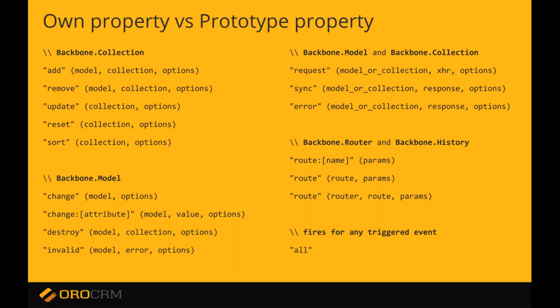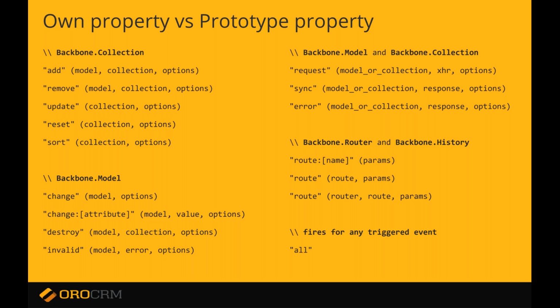A Backbone model triggers a change event or a change event for a certain attribute. So if you need to handle only one attribute change, you can subscribe to the change of that certain attribute. And if you want to handle model change in general, you can subscribe to change.